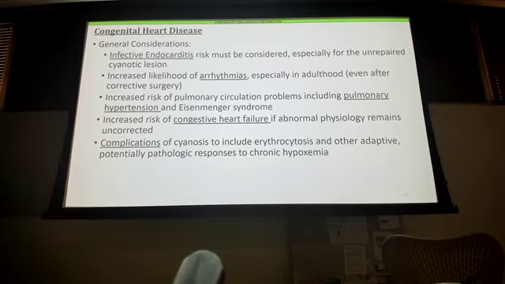Other considerations that you need to think about when it comes to congenital heart diseases is that the presence of a congenital heart disease will put this person at a higher risk of infective endocarditis. We talked about that being one of the things that puts them at high risk of developing the condition if they were to undergo a high-risk procedure.